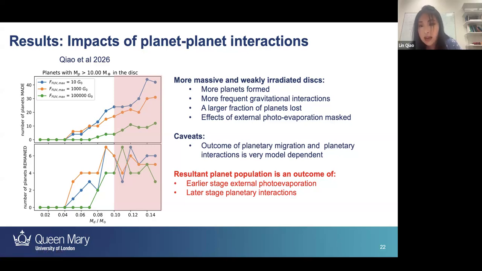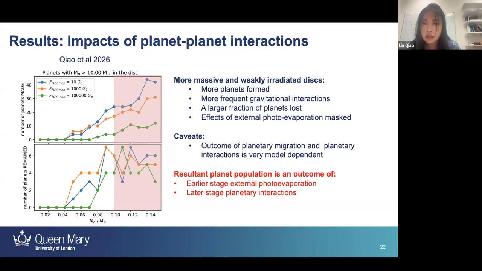However, the caveat I would like to highlight is that the outcome of the planetary migration and these planetary interactions is very model dependent. A planet formation model that is more effective, for example, in retaining the planets might produce different results.